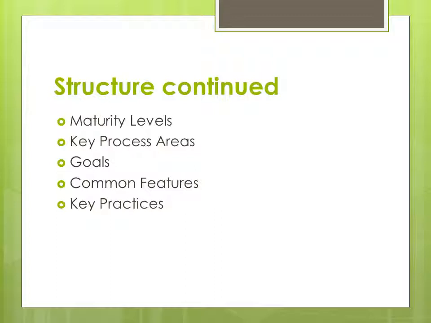There are 5 types of common features: commitment to perform, ability to perform, activities performed, measurement and analysis, and verifying implementation. Key practices. The key practices describe the elements of infrastructure and practice that contribute most effectively to the implementation and institutionalization of the area.